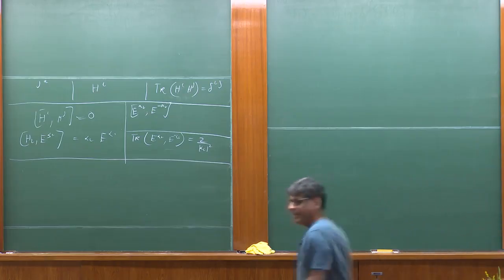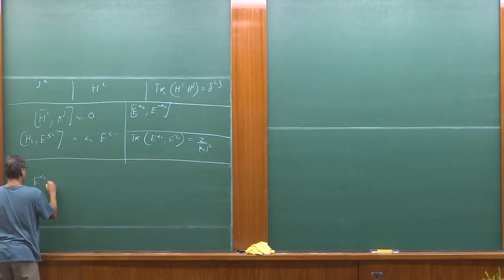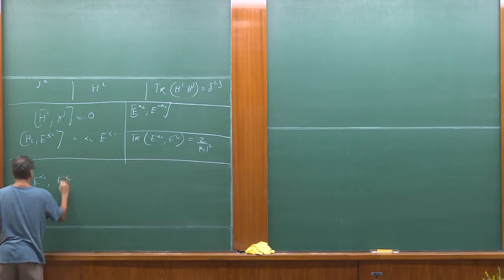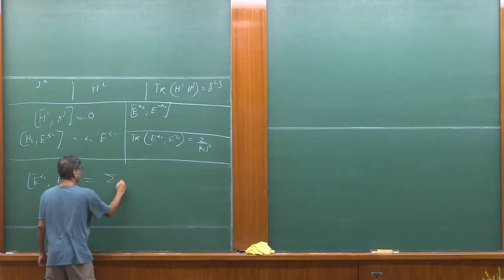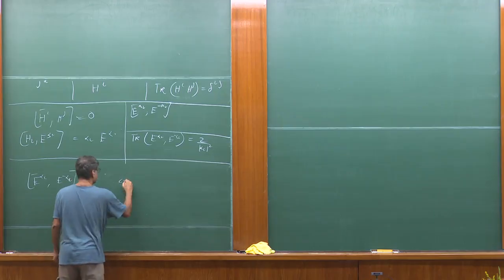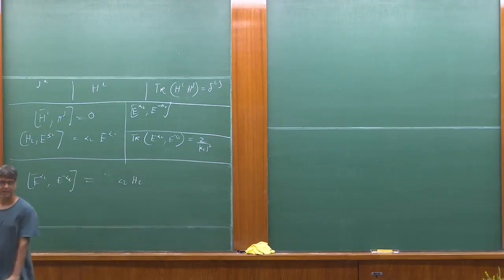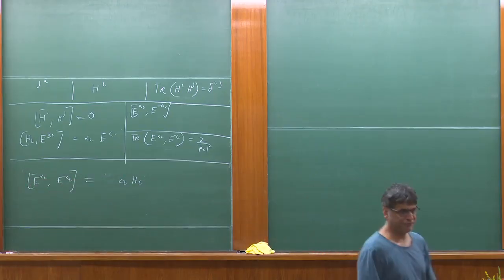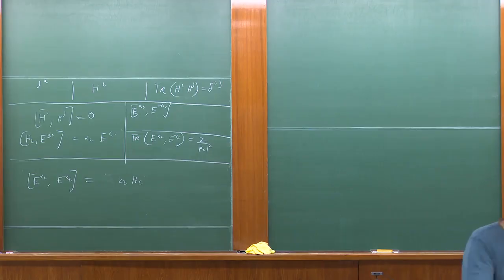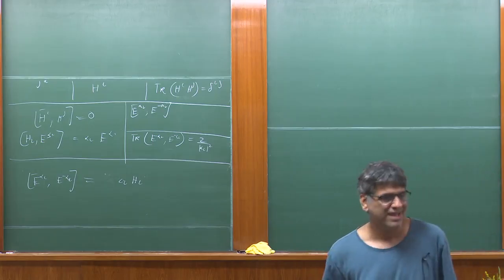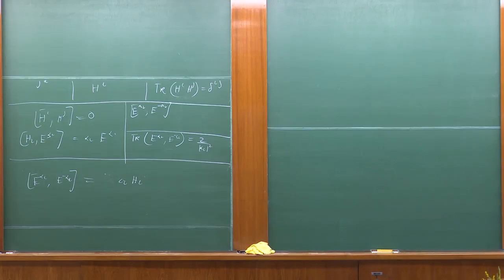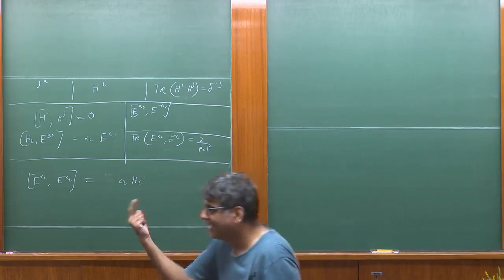And so we have that the commutator of E alpha I and E minus alpha I is equal to the sum over i of Ci Hi, I'm not even writing the sum. Now in some vector space, if you've got an expression that a vector is a linear combination of basis elements, you want a formula to read off the coefficient.